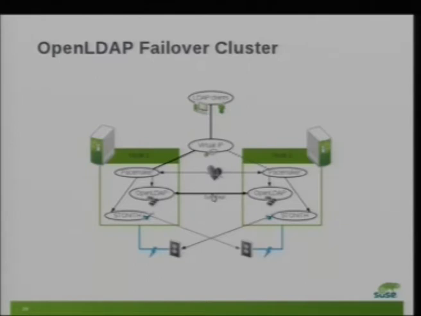I wanted to use mirror mode replication and only have one active writer node, so no real multi-master replication, but only one of the servers is accessed at one point in time. So there's a virtual IP address that is either mapped to this node or this node. So it's just a simple failover. If this one fails, the virtual IP address will be assigned to this one.